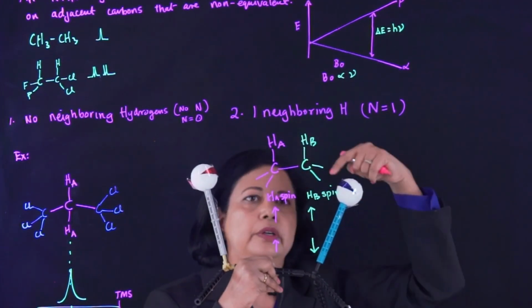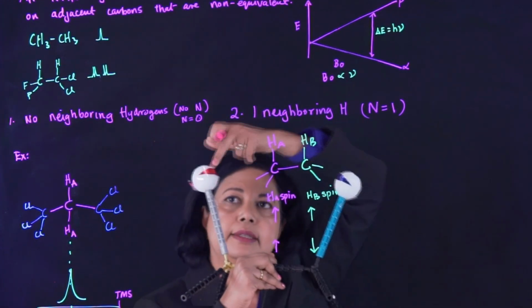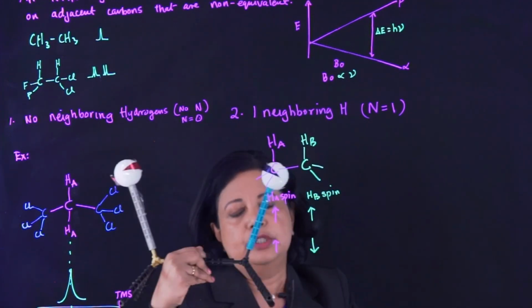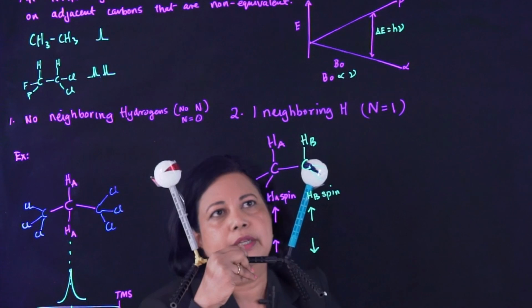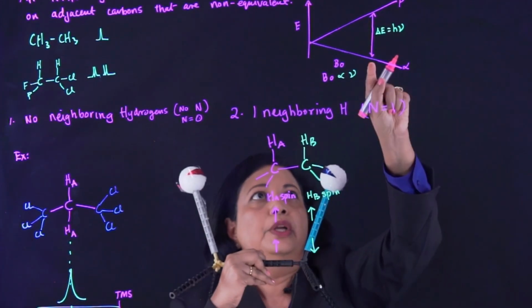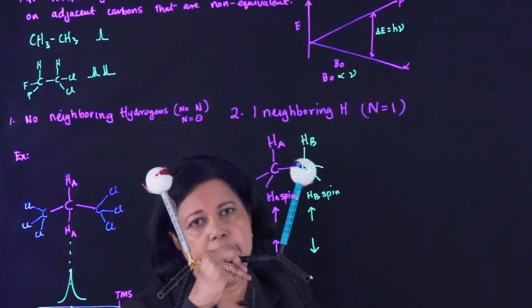What you're seeing here is a direction with this blue sticker, and this is going in the opposite direction, as you can see with the red sticker. This is just a model, but you get the point. If it's in the opposite direction, then it's going to take away from this field. Therefore, your frequency is going to be a little lower. These are very, very tiny differences.